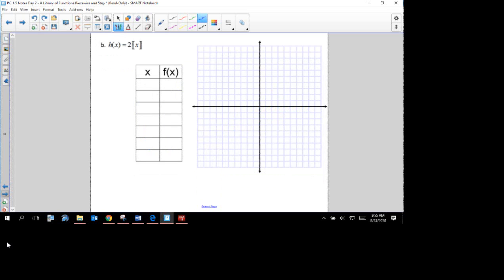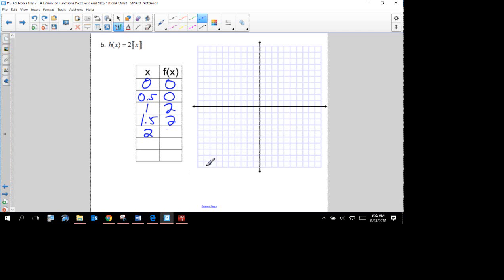Okay, so for this last one, if I pick 0 and I put that in, I get out 0, but then I have to multiply by 2 afterwards. So this would be still 0. If I put in like 0.5, I'm going to get out 0, but then I have to multiply it by 2, so it's still 0. So when I go to 1, I put that in, I get out 1, then I multiply by 2, I get 2. So if I put like 1.5, that's going to still be 2. It doesn't jump up until I plug in 2, but when I plug in 2, what do I get out?